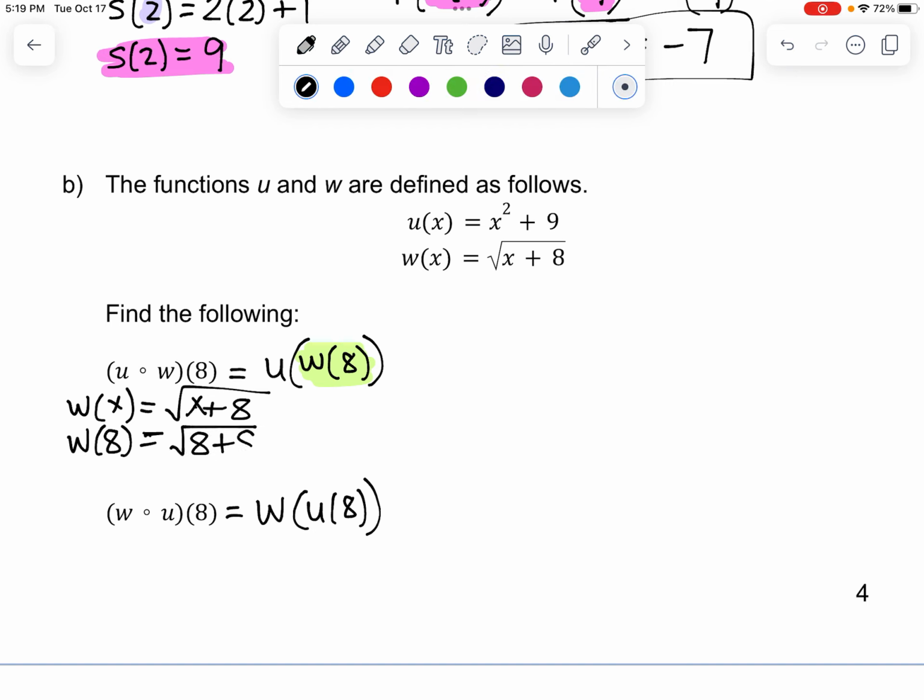So I get 8 plus 8, which is the square root of 16. So w of 8, the square root of 16, we are just going to go with a 4.